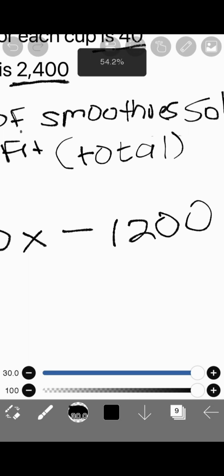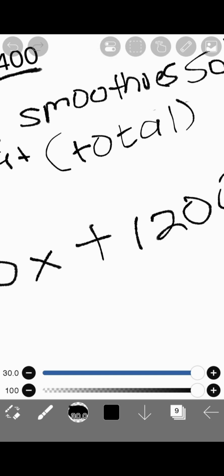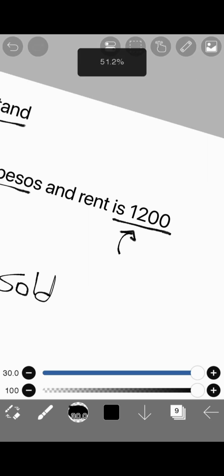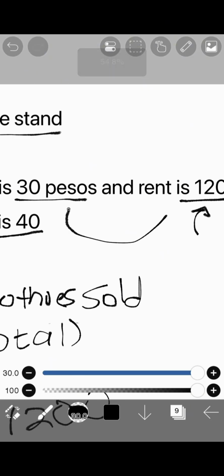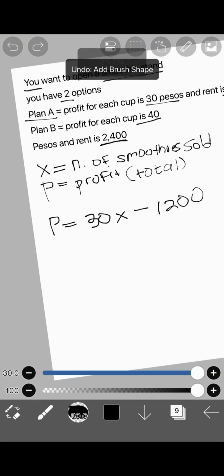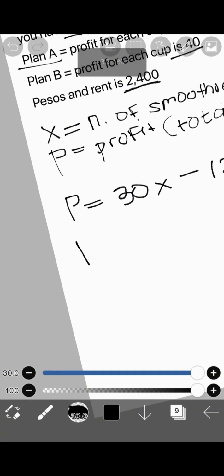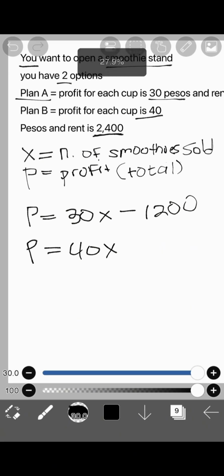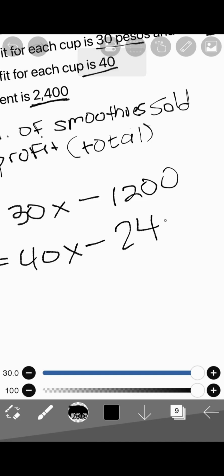Because it's not add 1,200, because you're going to pay this 1,200 from the money you get here, how many cups you sell. So this is P equals 30x minus 1,200. And then for plan B, it's 40x minus 2,400.